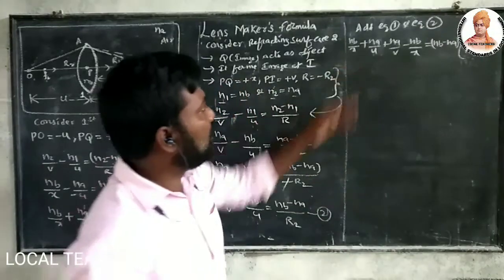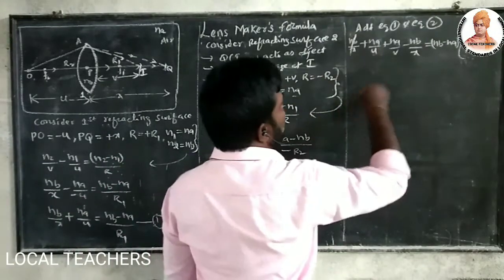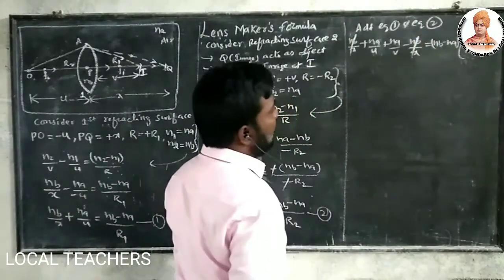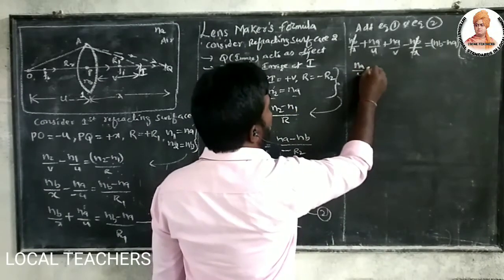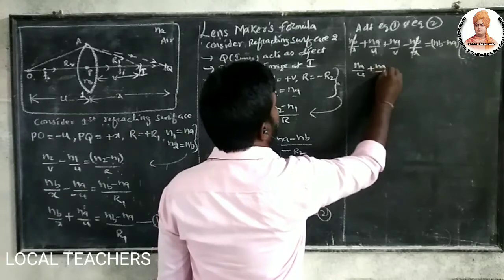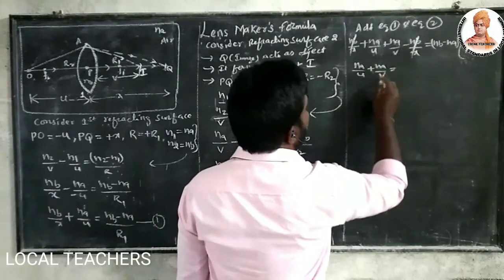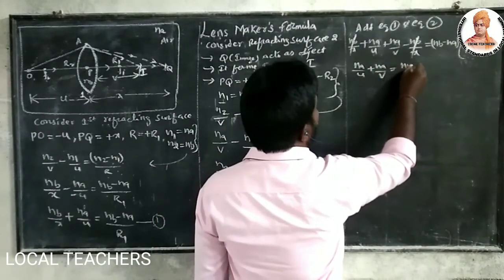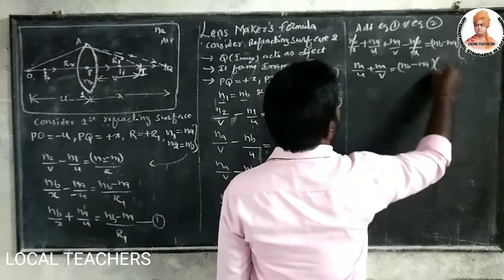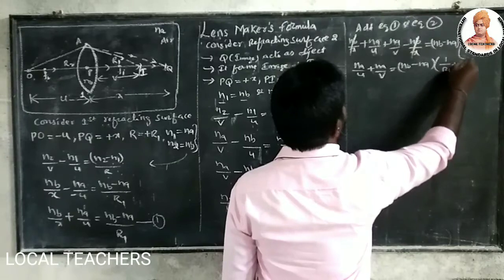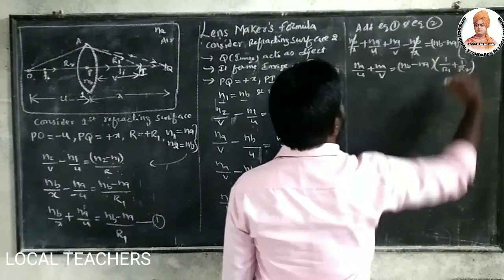So observe the equation here, NB by X plus and minus gets cancelled. So we can write NA by U plus NA by V equals NB minus NA into 1 by R1 plus 1 by R2.